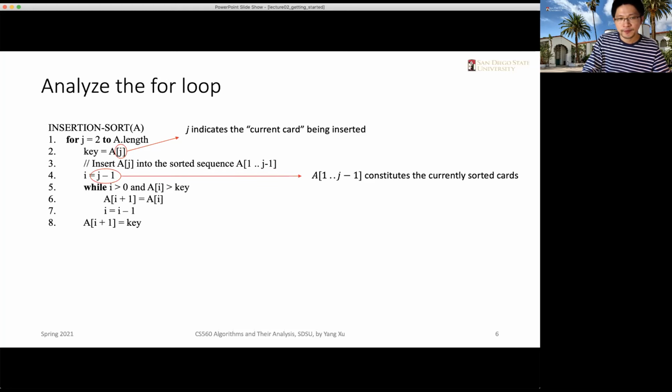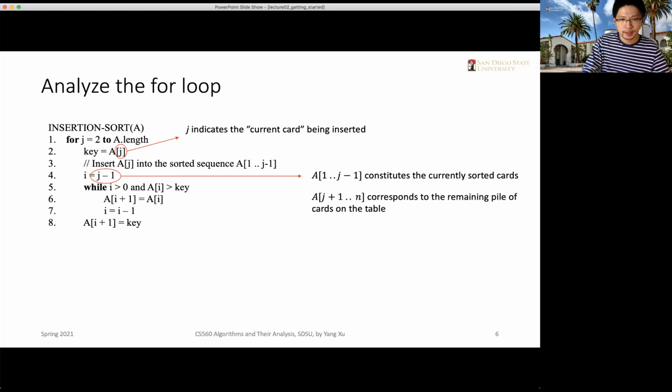And the elements from A[1] to A[j-1], these cards are the cards that are before A[j], so they constitute the already sorted cards.